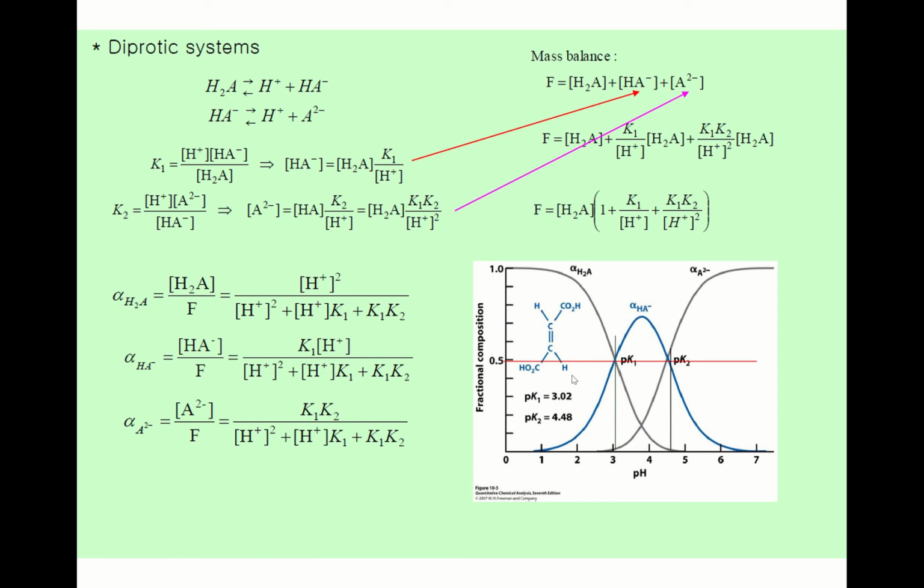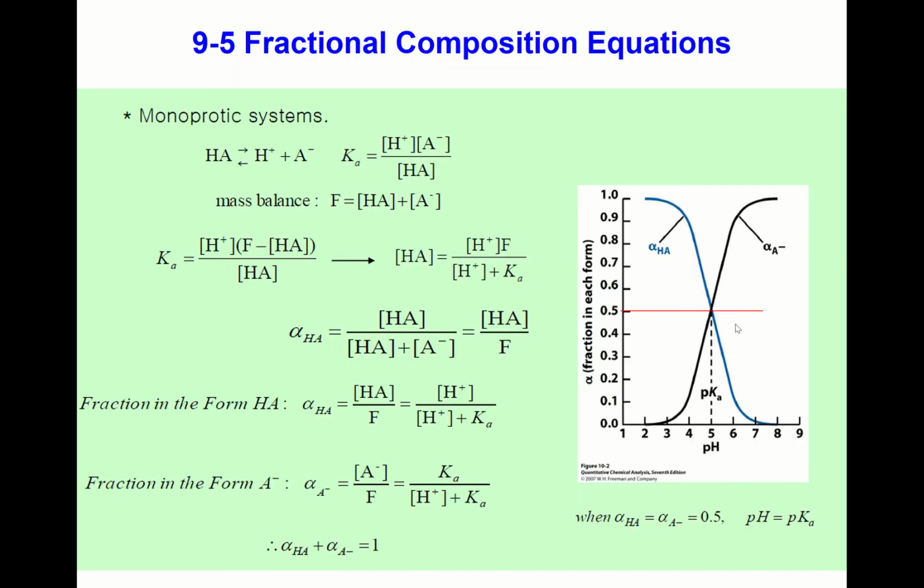But what is important is that at any pH, the sum of all the fractional compositions is all the time 1. Oh, I missed the 1 here. At this crossing point, HA and A minus exist at the same concentration, and from the Henderson-Hasselbalch equation, in that case pKa equals pH.